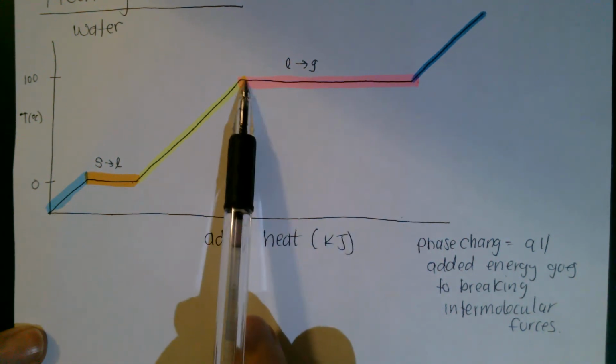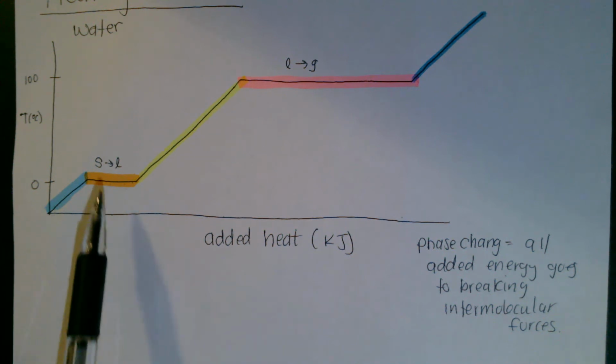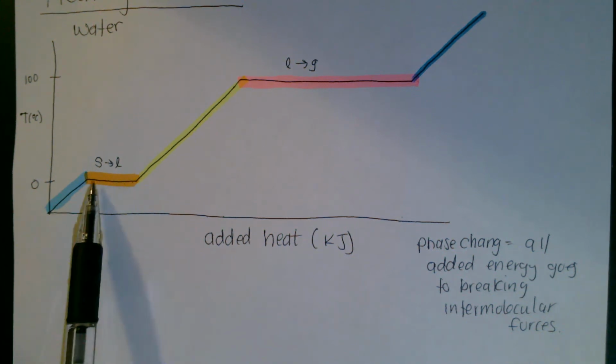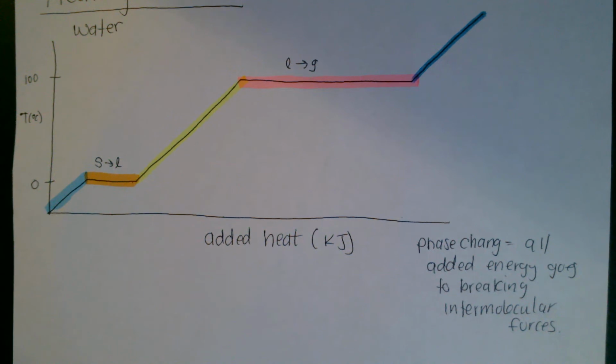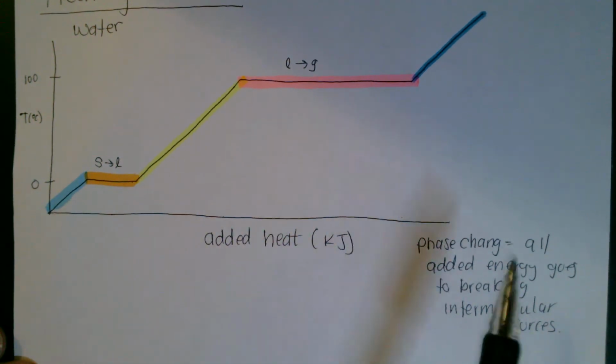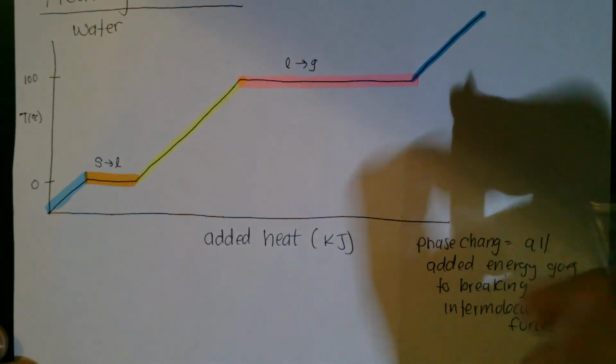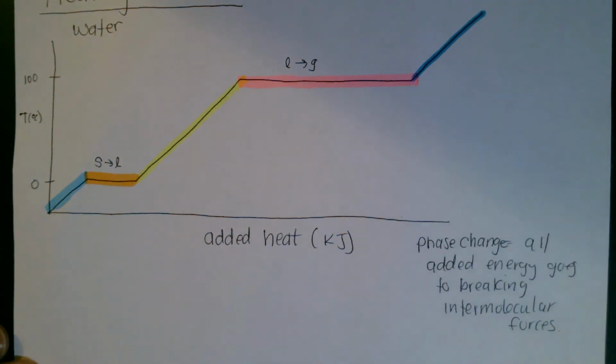So 40 kilojoules to take our sample of water from the liquid phase to the gas phase. Down here, this one only takes about 6 to go from solid to liquid. But again, we don't see temperature changing because all of the energy is going into breaking those forces.